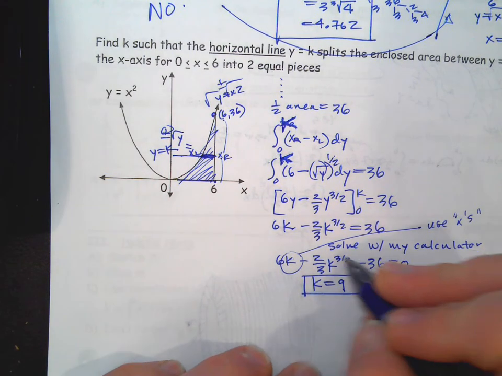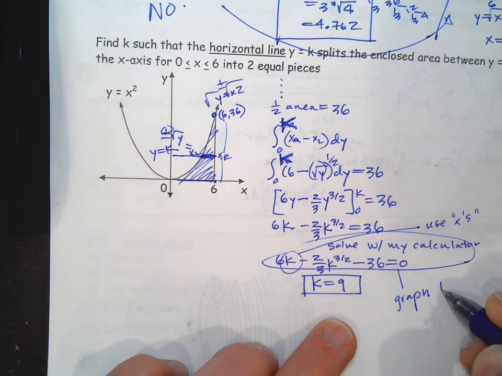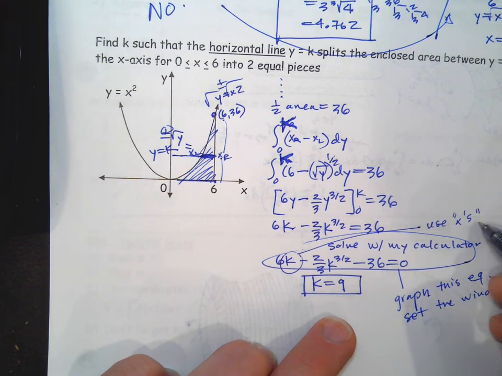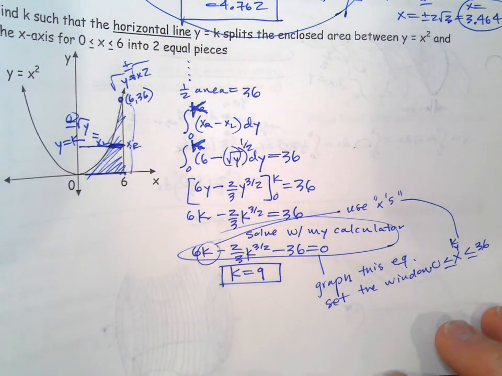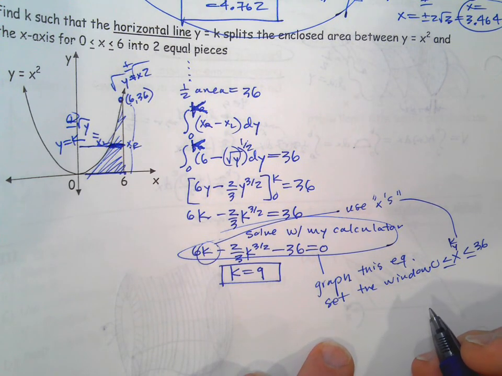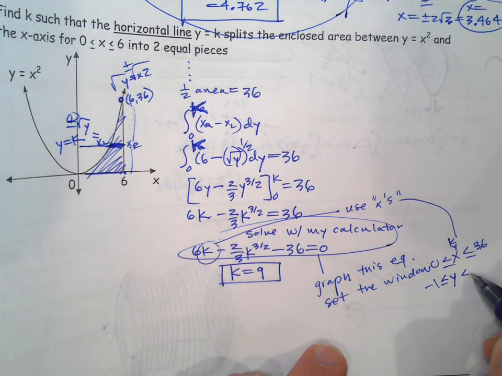So the strategy for solving this on the calculator is to graph this equation, set the window for the x's, which are our k values, our y values, between 0 to 36. So just restrict it to where you know the answer should be. If you don't, you might get other answers that aren't even supposed to be considered, right? And then the y values, I would just do -1 to 1.